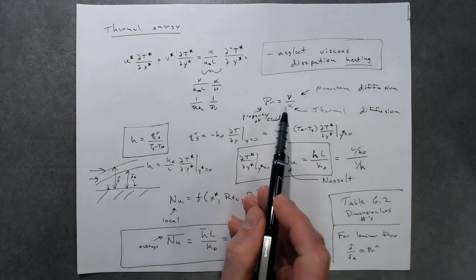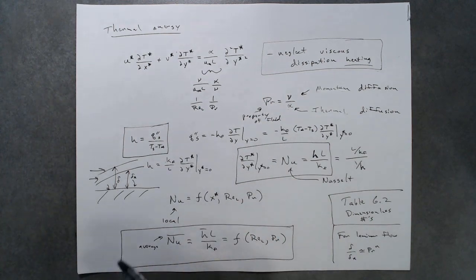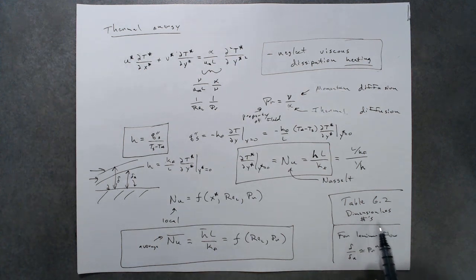So the Prandtl number encapsulates that important physical relationship between these two transport processes. One last thing I want to point out is table 6.2 in your book, and that gives us a list of dimensionless numbers and the physical interpretation. It's a very useful resource to look at.